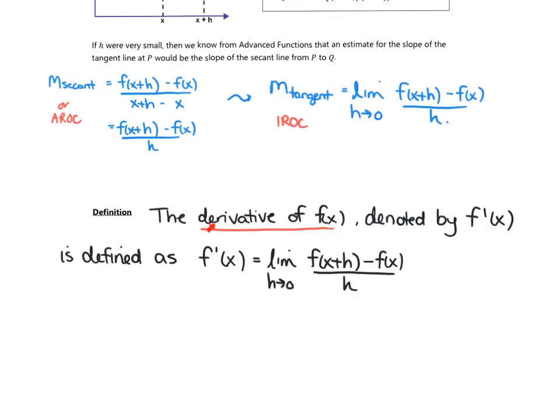The derivative of a function f of x, denoted f prime of x, is defined as the limit as h approaches 0 of f of x plus h minus f of x all over h. Today we're going to look at finding the derivative of a bunch of different functions. Again, this means the same thing as finding the slope of the tangent line and finding the instantaneous rate of change. We'll talk more about that after we've done the first question.